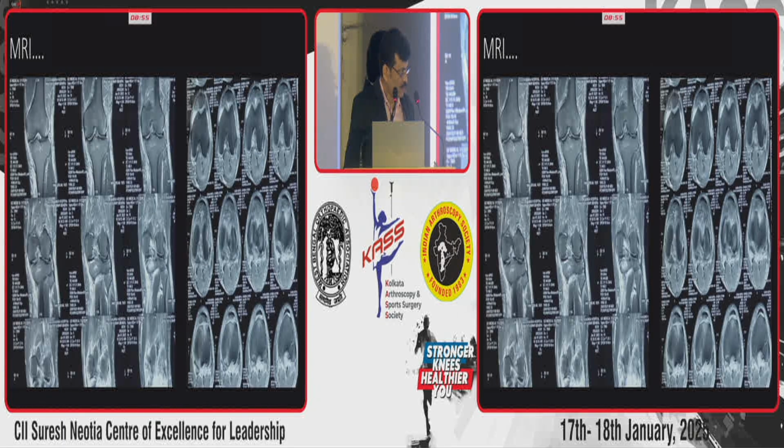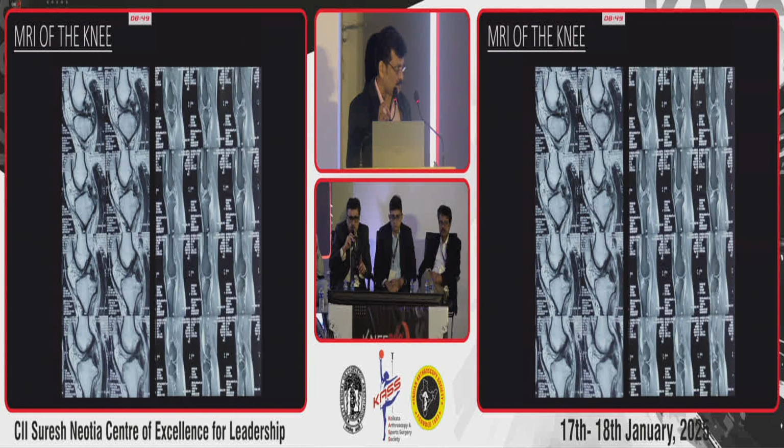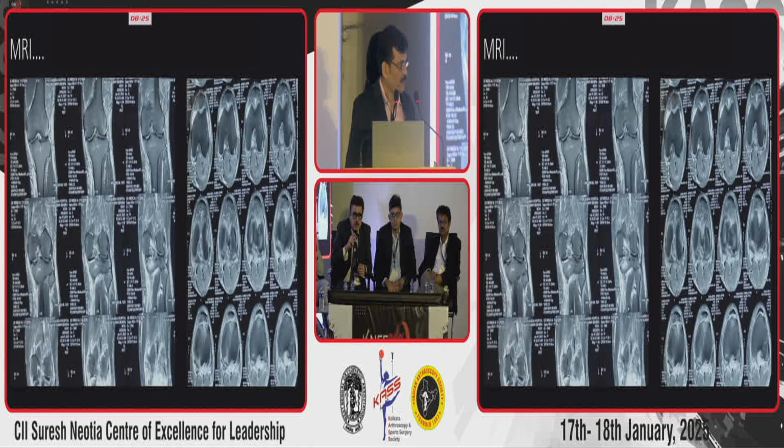Go back to the sagittal. Yes. It is a PCL rupture. It is an avulsion. Correct. There is a reasonable amount of posterior capsular injury. Okay. And if you come back to the other image, the image which you showed, yeah, this is the image.